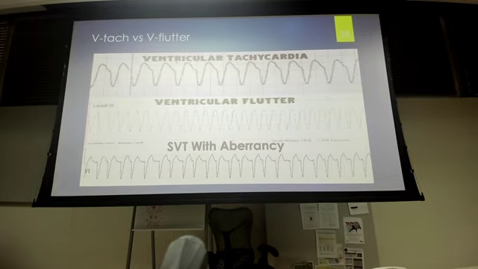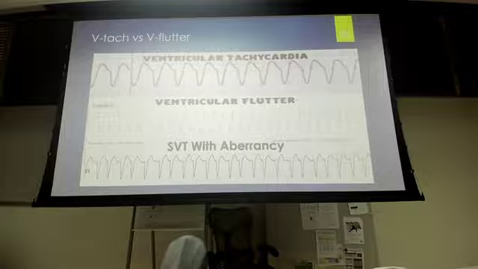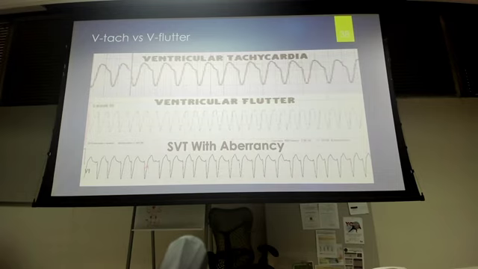If I give you a scenario and someone's unresponsive, could be V-flutter. You also need to see that this rate is much faster than this rate, twice as fast typically, because V-flutter is an extreme or faster form of VT. Now, this SVT with aberrancy, we can see that this QRS is right on the verge of wide. Certainly not as wide as VTAC, not as wide as V-flutter, but it's right on the verge. So it's still considered a wide complex because of the aberrancy.